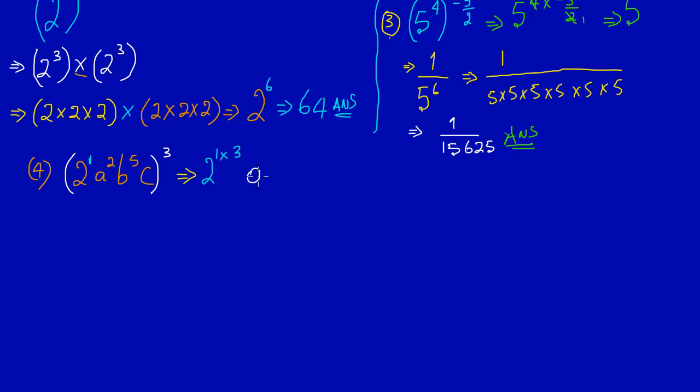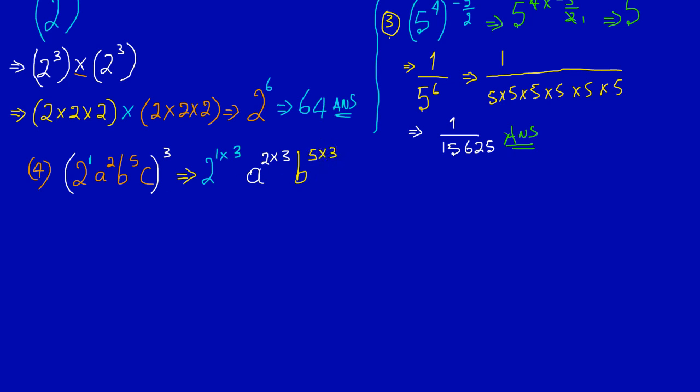Then I'm going to have to take my a, and a was squared, so I have to square that, and then I have to multiply it by my 3 also. Okay, and then I'm going to have to take my b now. So let's quickly take our b, and my b was raised to the 5th power. And then the 3 is also affecting the b, so I'm going to have to multiply that by 3 also.